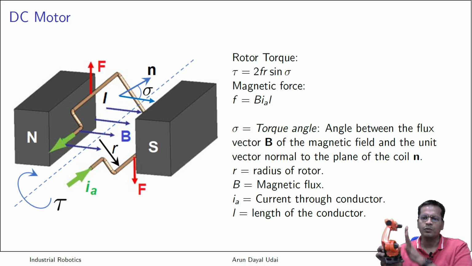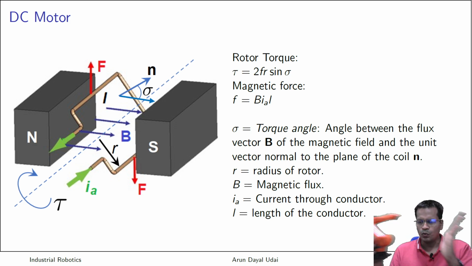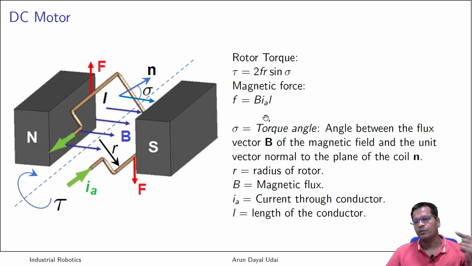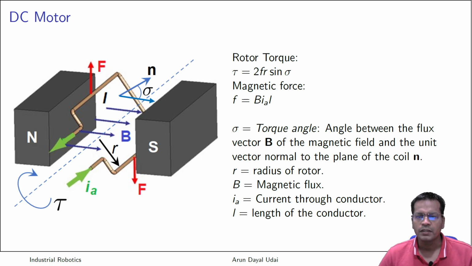So that torque is to be maintained so as to maintain the end effector force, tool force. So that is one of the applications where you may require to control the current flowing through that conductor, armature to be more specific. Got it? So this is one of the applications where this formula finds its application.